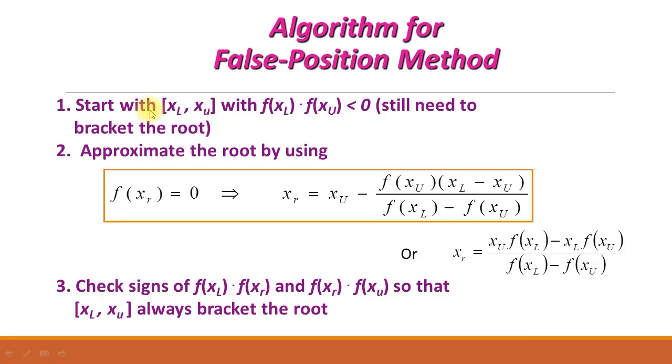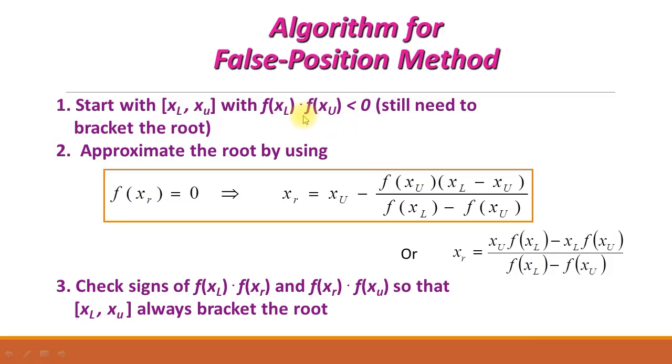If we want to find the roots of a non-linear equation by the false position method, then first of all choose two starting values. Suppose one is xl and the other is xu. With this condition, choose the two values such that f of xl times f of xu is less than 0.